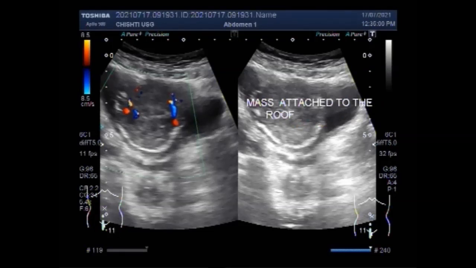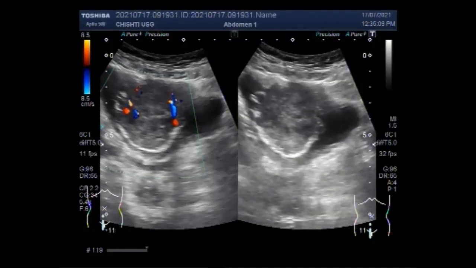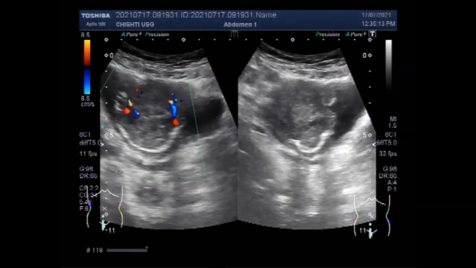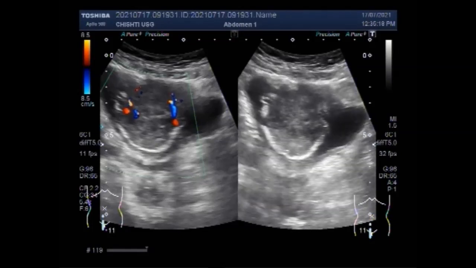Now the mass is attached to the roof of the urine-filled urinary bladder. And the size of the mass is more than 6 centimeter vertically and transversely.